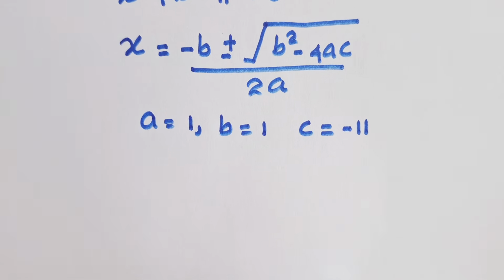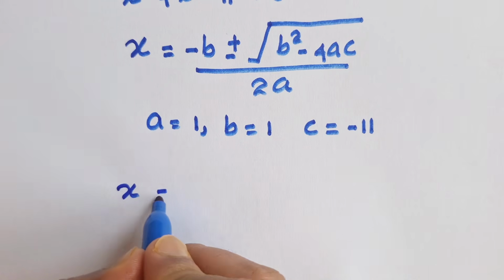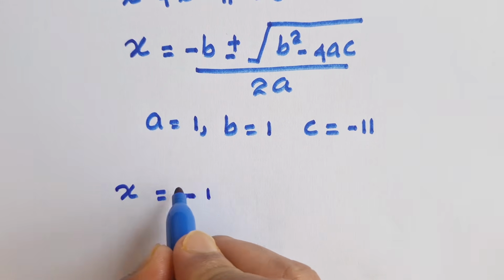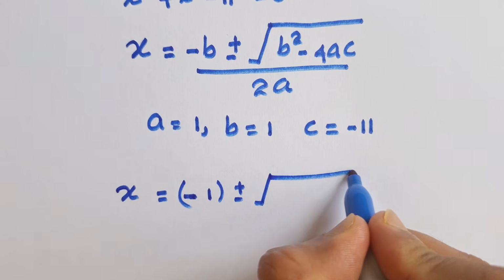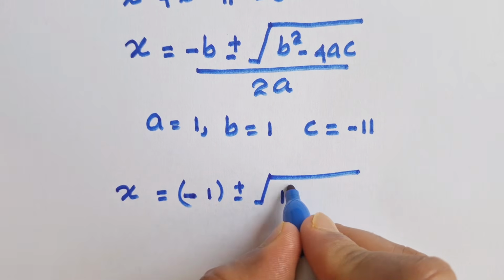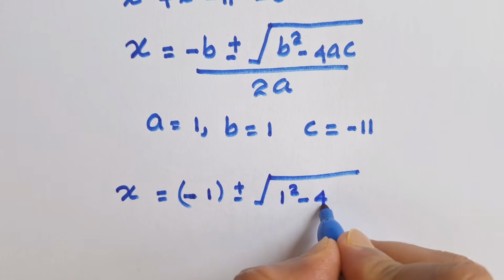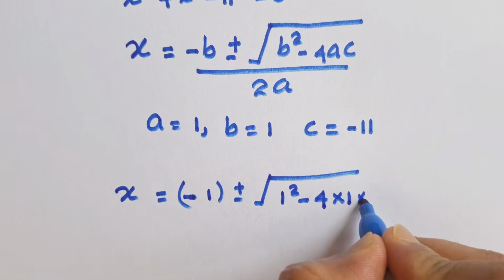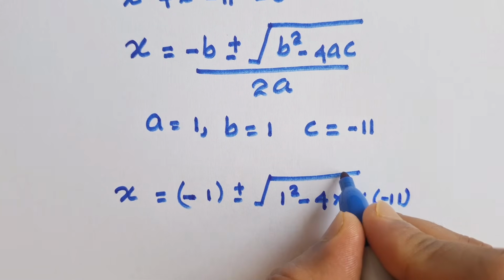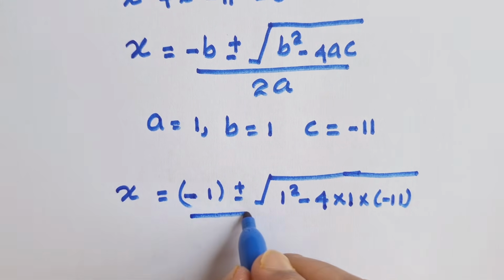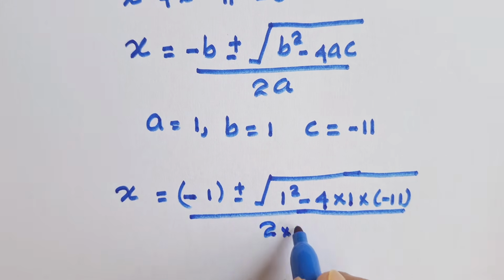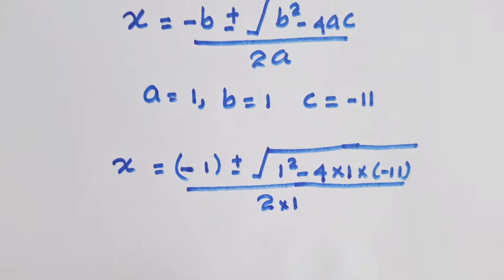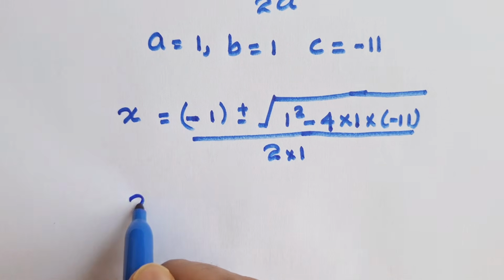So roots for x are given by x equal minus 1 plus or minus square root of 1 square minus 4 times 1 times minus 11, because c is minus 11, divided by 2 times a, which is 1.